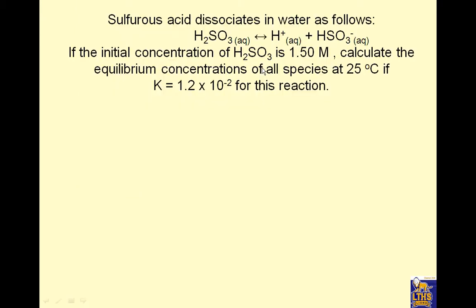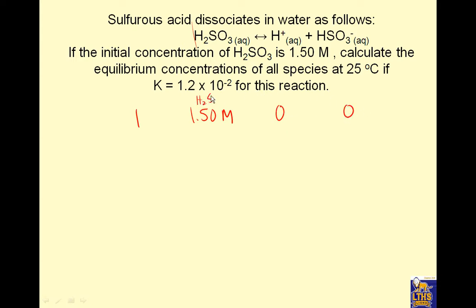Okay, here's another one, and I think this might be our last one. Here's a dissociation equation. If the initial concentration is 1.5 molar, I'm just doing an ice table. Initial, we have 1.50 molar. Calculate the equilibrium concentrations of all species. The H plus is going to be, we'll say, 0 and 0.